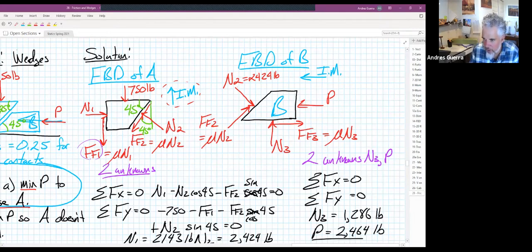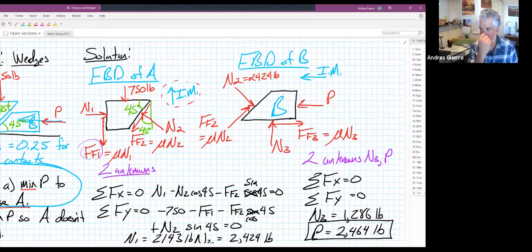So there's our minimum value of P to raise A. And what that means is that it's right on the verge, right? It's about to start going up. If I applied one more pound, it would start moving. But since we set all of our frictional forces to the limit of mu times N, we're right on the verge of moving.